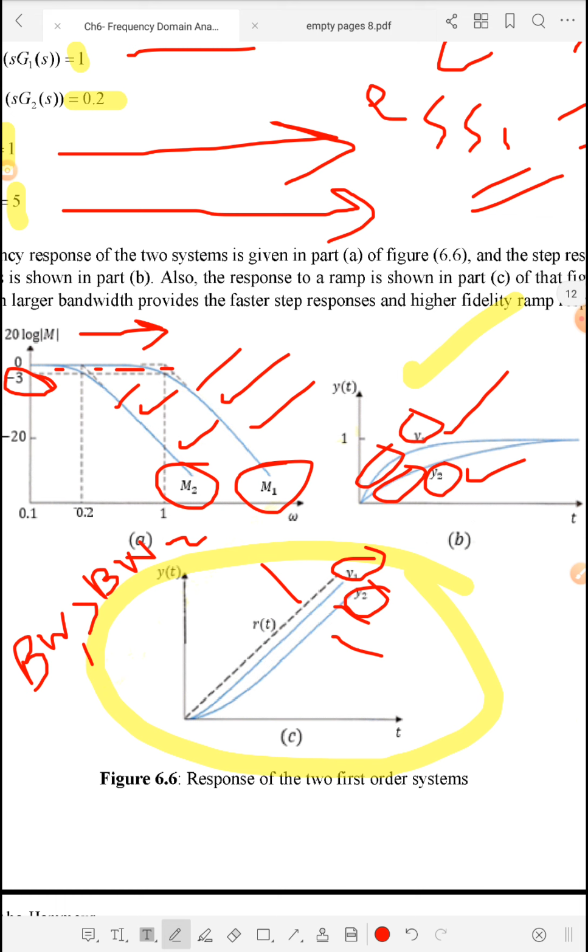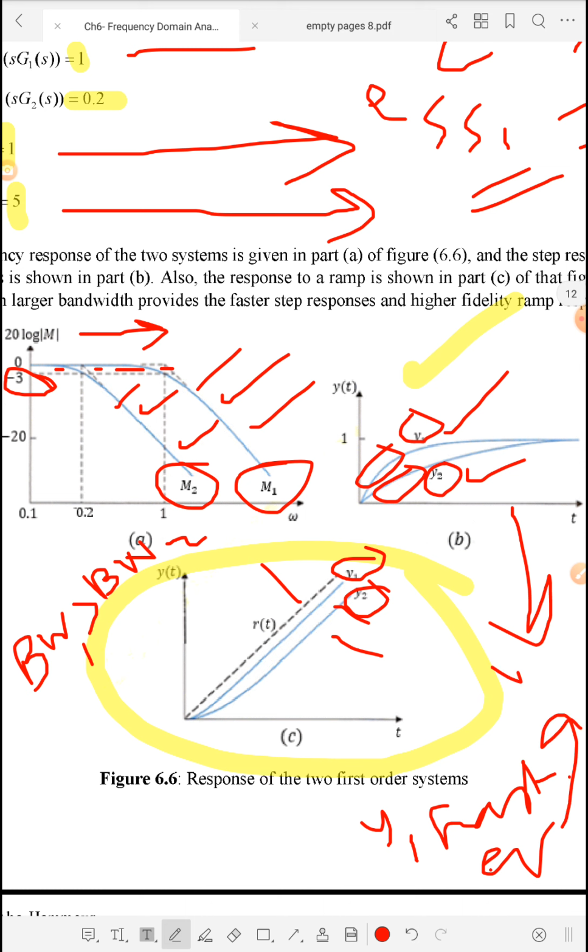So it's obvious from this figure that Y1 is faster than Y2. So we have now to reach the conclusion.